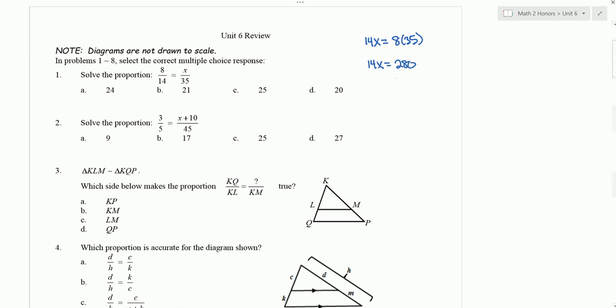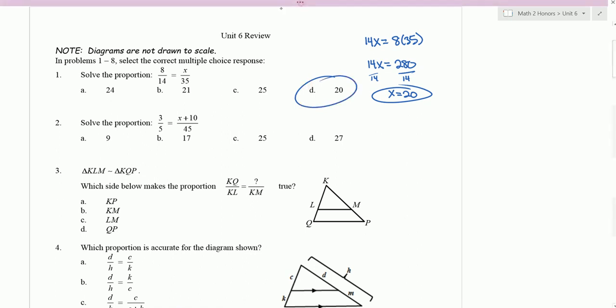And then 280 divided by 14 is 20. So D is our answer.